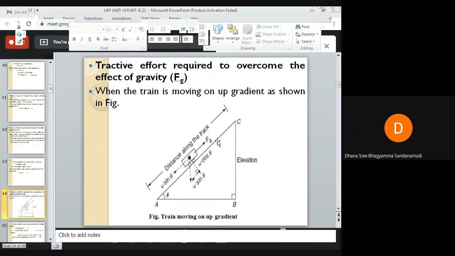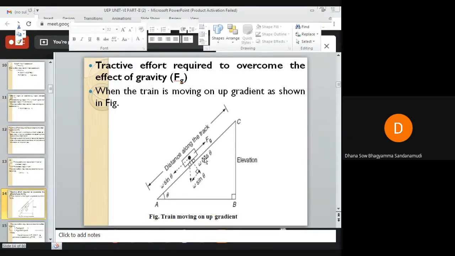The gravity component of the dead weight, you know what is meant by dead weight now, opposes the motion of the train in the upward direction.